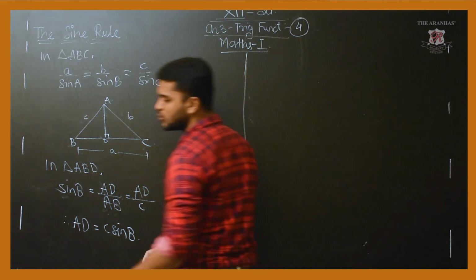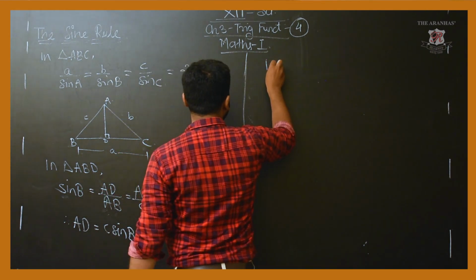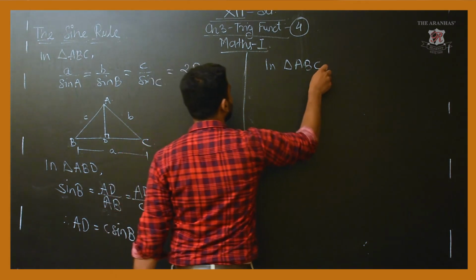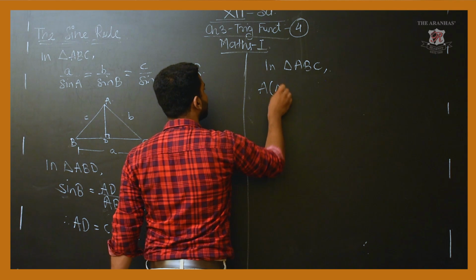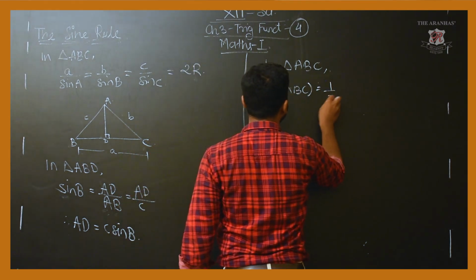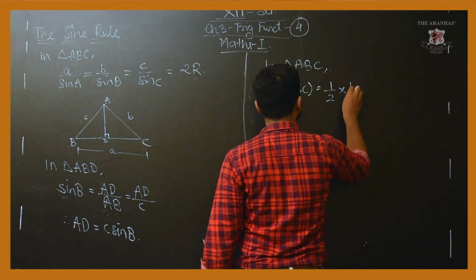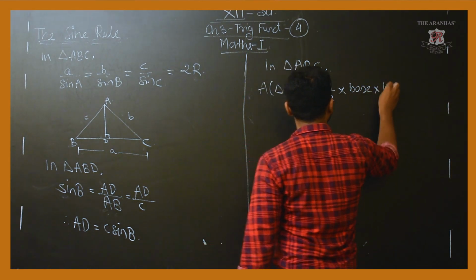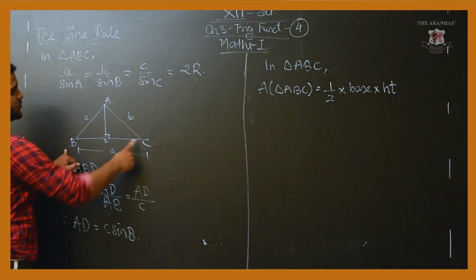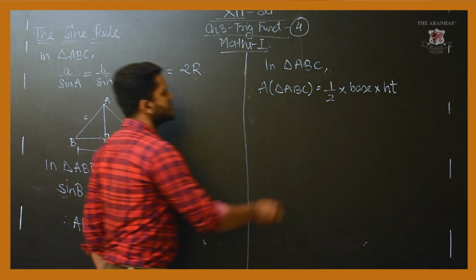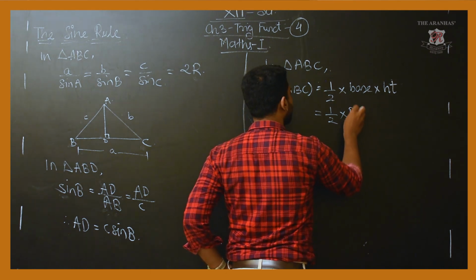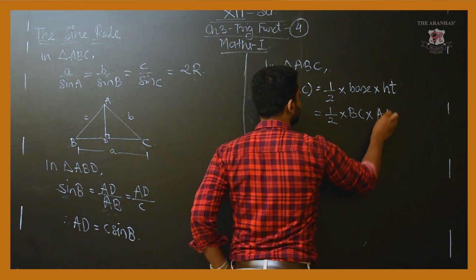Now we will come to the bigger triangle, triangle ABC. We know that the area of triangle ABC can be given as half into base into height. What is the base here? BC is the base, and AD is the height. So half into base, base is BC, height is AD.